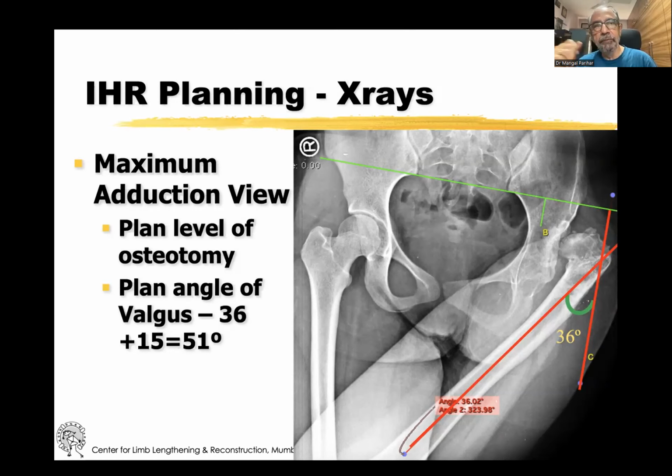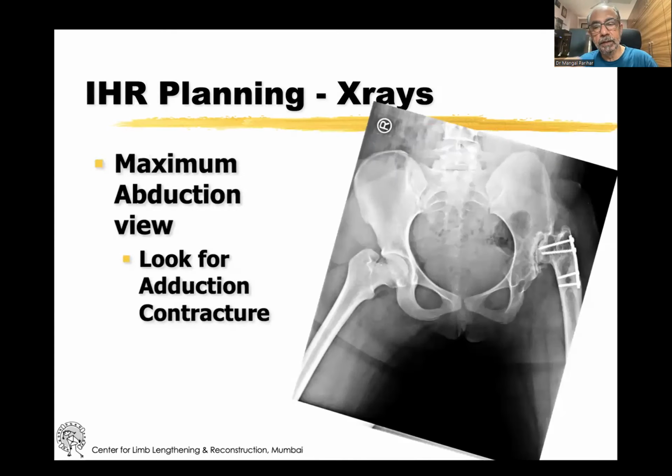On top of that, we add about 15 degrees for over correction to maximally tense the abductors. So normally around 50-55 is the angle that you tend to get when you want to do this correction. So here you can see this is 36 plus 15. Then you do the maximum abduction view, looking for any adduction contractures.